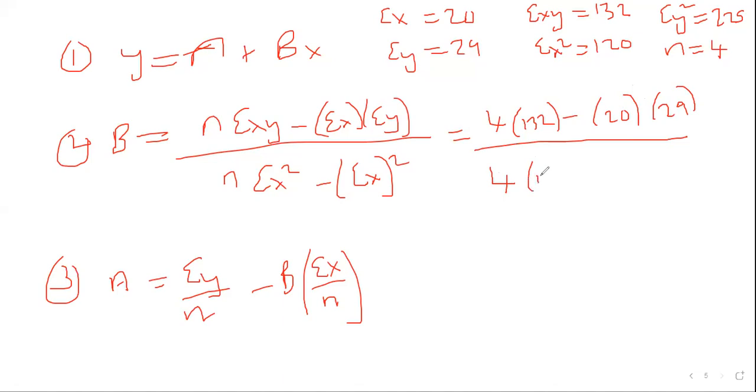The summation of x squared is 120. The summation of x all squared is different: it's the x you just squared, 20 to the power 2. When you substitute, we find our b. The b in this case will give you negative 0.65.